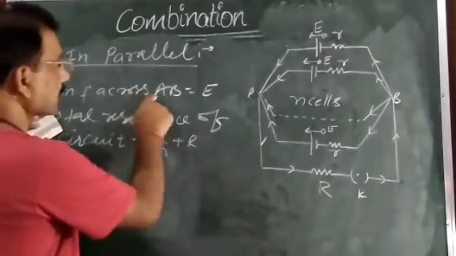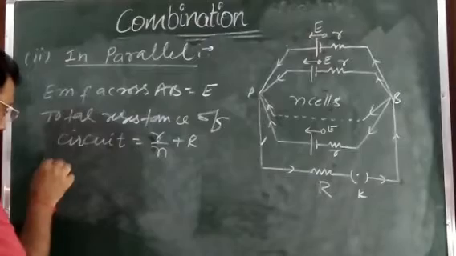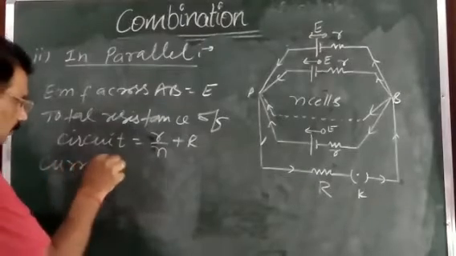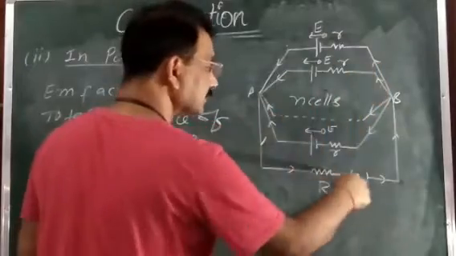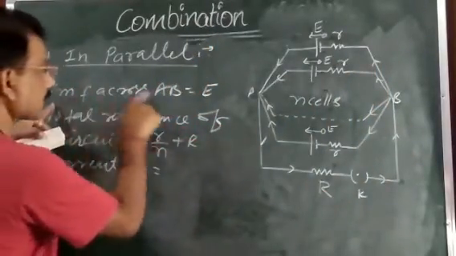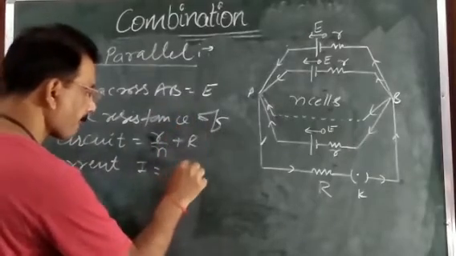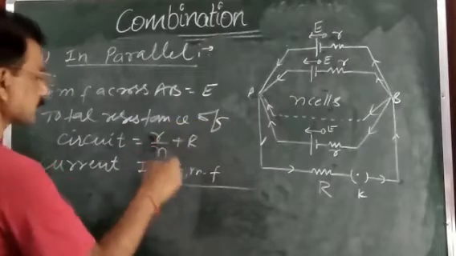And what is the total EMF across AB? E. So the current drawn from this battery in this external resistance, I, is equal to EMF upon the total resistance of the circuit.